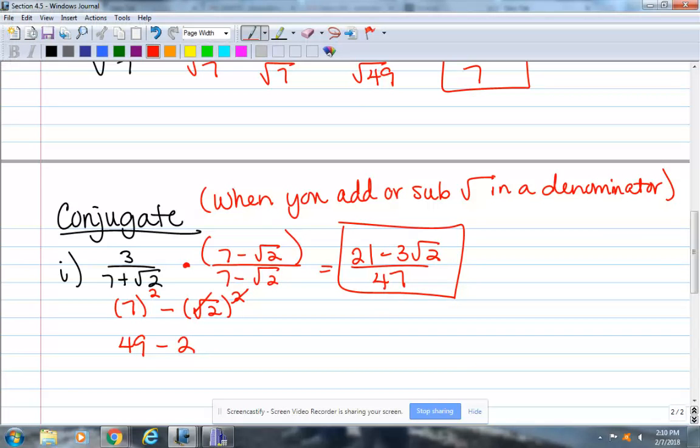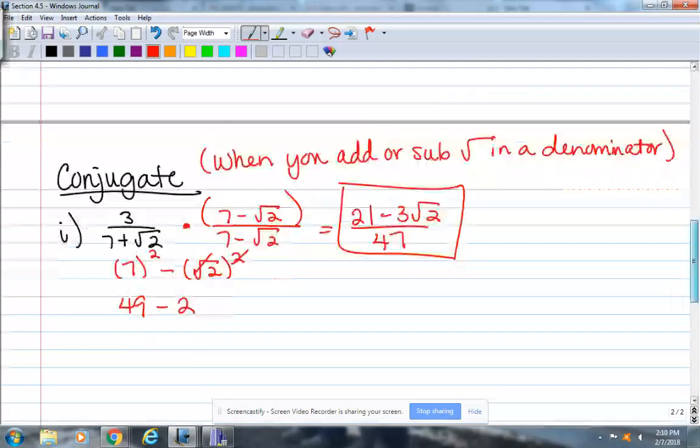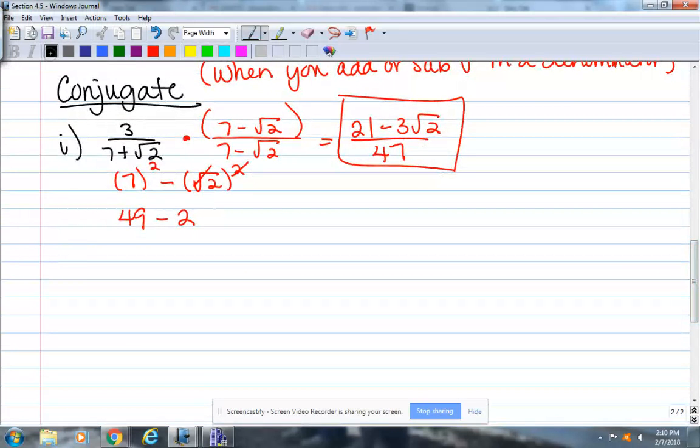Okay. Let's practice one more of these. Four over 5 minus radical 2. We just did a radical 2. Let's make this one a radical 3. Make it slightly more interesting because we just did a radical 2.